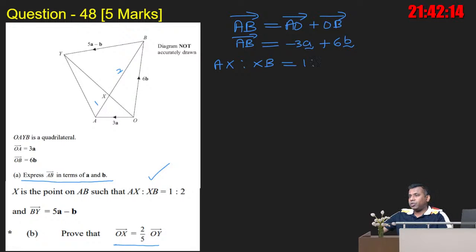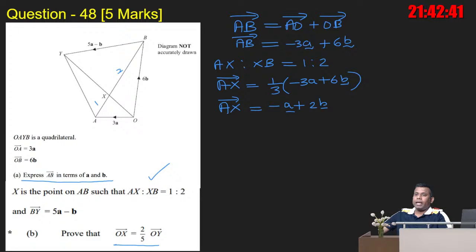They have given 1 is to 2. That gives a clue. AX vector can be found. So 1 plus 2 is 3, so 1/3 of AB. AB is minus 3A plus 6B. So AX I can find out. 1/3 of minus 3A is minus A plus 2B. AX.